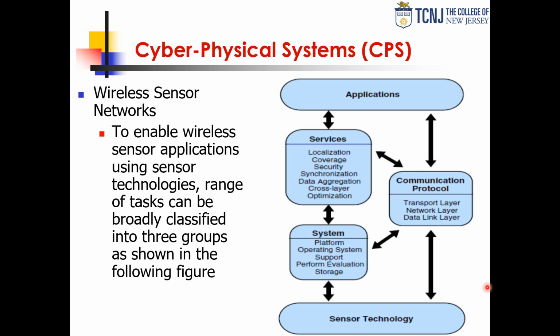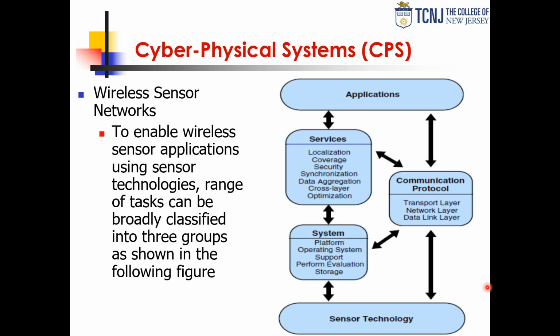Then you have the system level set of tasks that deal with operating system type tasks, and also performance evaluation, storage, running the statistics of the system, and then the services. Services are those that enhance the application, but they have usability that transcends that specific application.